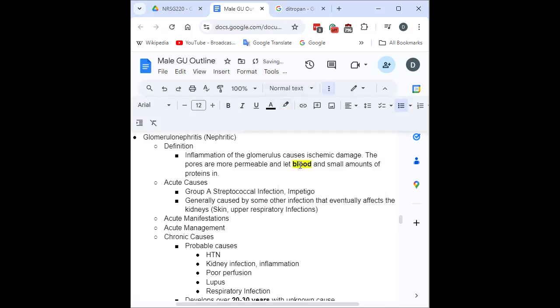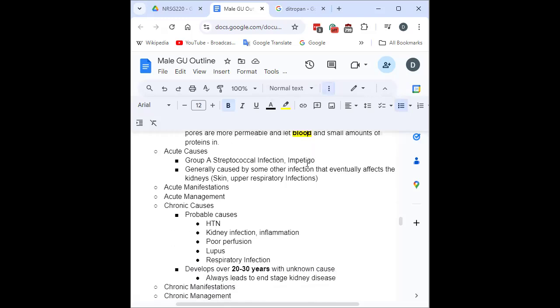That ischemic damage leads to pores becoming more permeable, allowing things to go through that shouldn't be. It allows blood and proteins to filter through and make their way into the urine. So that's the big defining difference: blood going in.